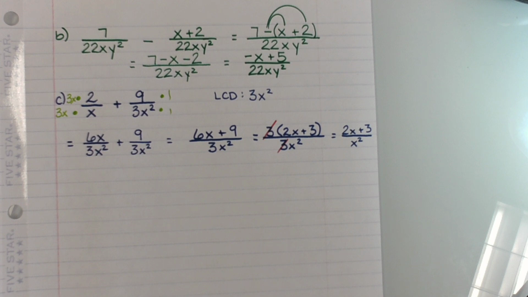My new least common denominator would have just been x squared, so I wouldn't have had to multiply by the 3 here. And I would have ended up getting 2x over x squared plus 3 over x squared, and therefore would have gotten 2x plus 3 over x squared, which is the same as what we got.